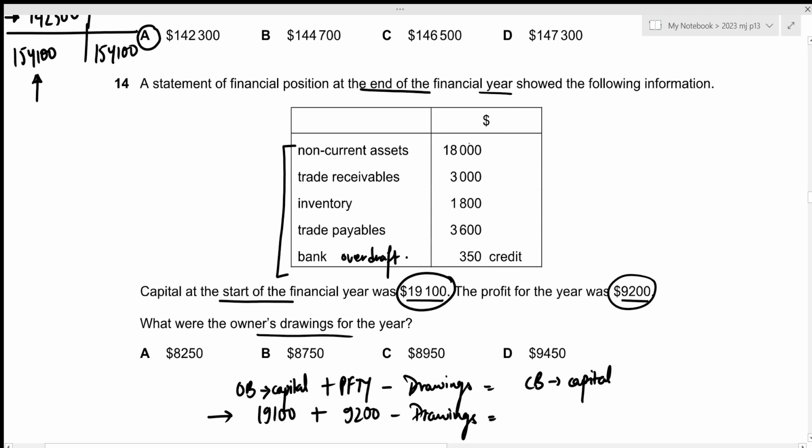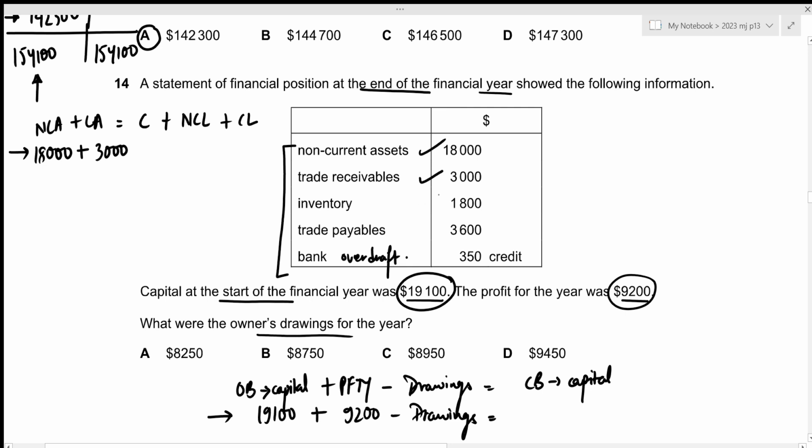Now let's figure out our closing capital balance with the use of our accounting equation. So we have our non-current asset plus current asset will be equal to our capital plus non-current liabilities plus current liabilities. So the non-current asset is 18,000. Trade receivables is 3,000, which is part of our current asset.